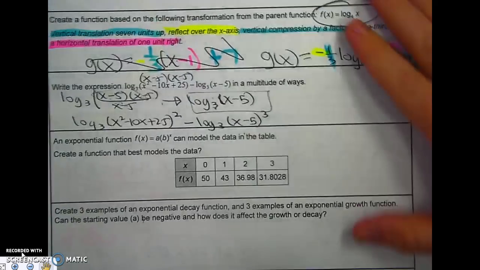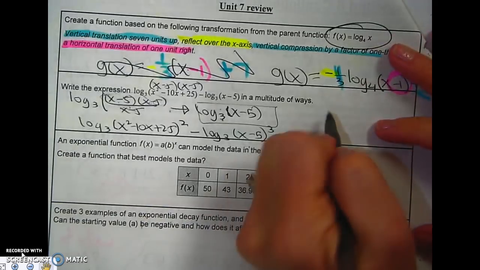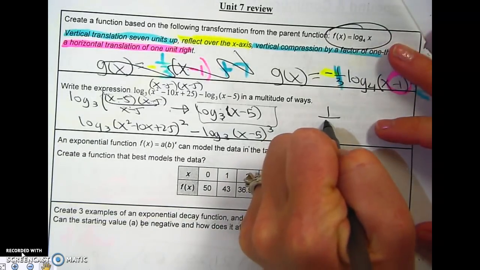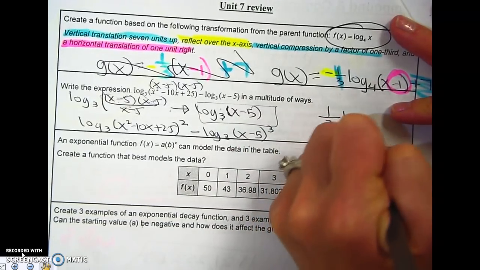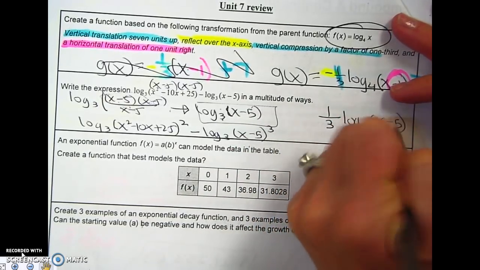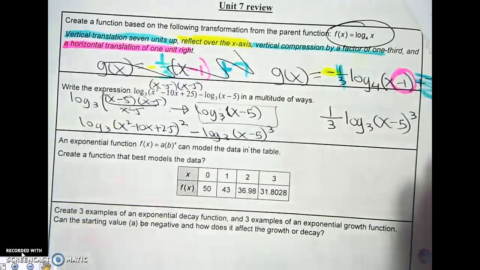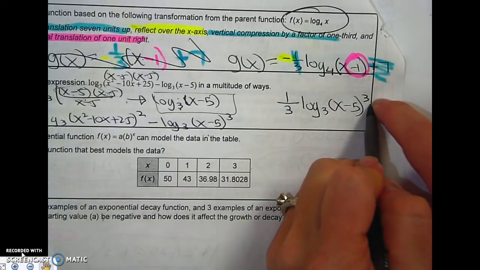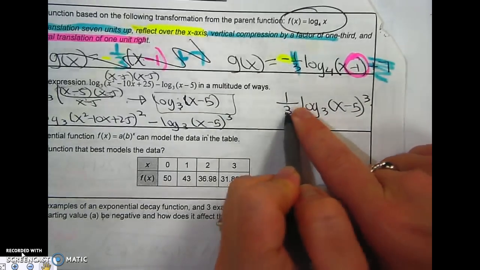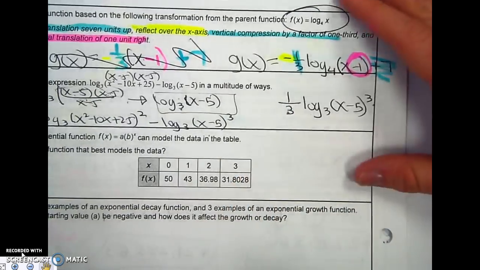Another way I could do it is I could write, let's see, 1/3 log 3 of (x minus 5) cubed. And let me show what I mean by that. Remember when you have a little, it turns big? So if I have a big, it could also turn little. So I could show that 2 different ways.